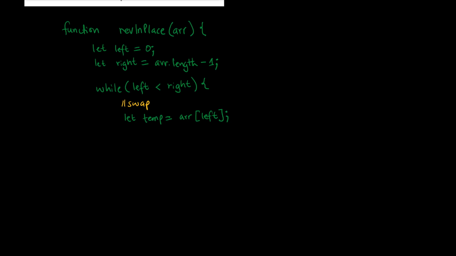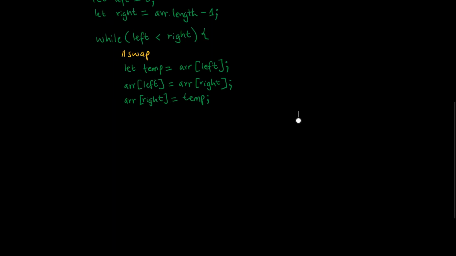And then you reassign the left that you have put in temp. So let left take whatever is in right. And then you let the right that you have just picked have whatever was in left, which is now in temp, and therefore you've just swapped.